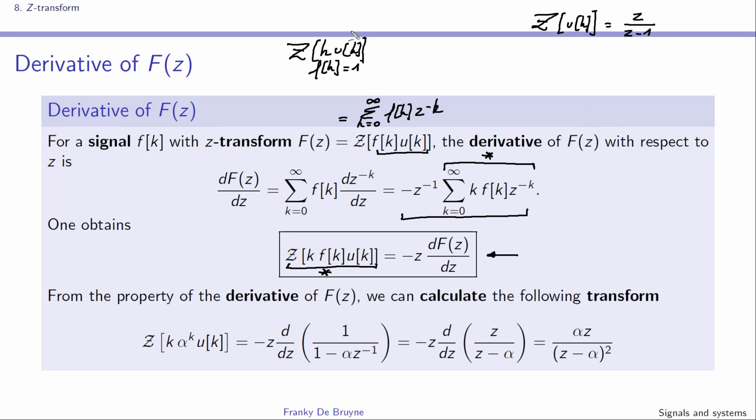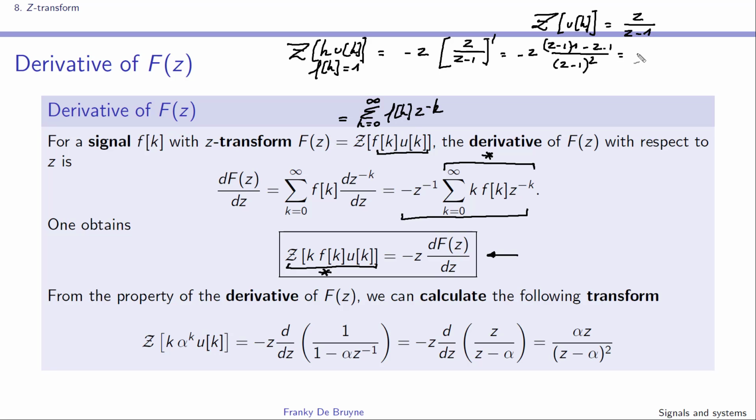And now you can have a look at this z transform. What you have to do is to say that it's minus z times the derivative with respect to z of this one. So this is minus z, and then z minus 1 squared, right? Then you have z minus 1 times the derivative of this one minus z derivative of this one, right?